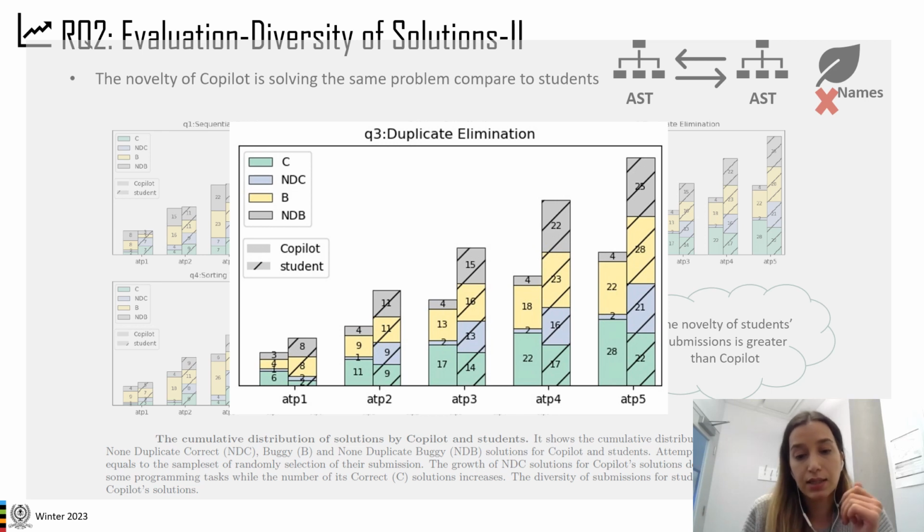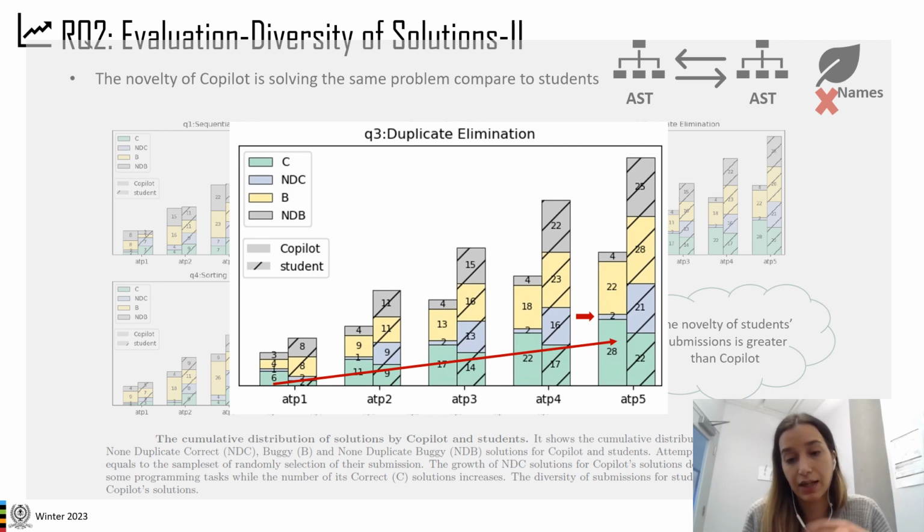Let's focus on the green part of the chart, the correct solutions. Over different attempts, the cumulative distribution for the correct solutions is increasing. However, for Copilot, when we remove the duplicates within the correct solutions, there were lots of duplicates.